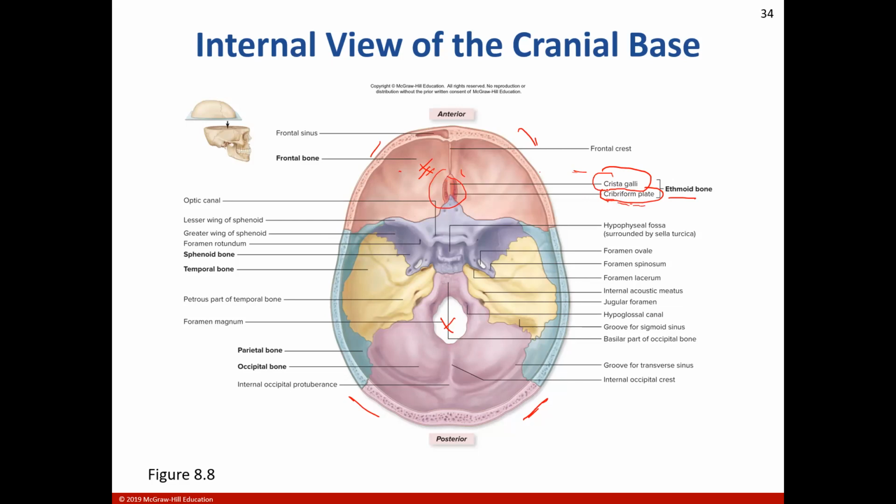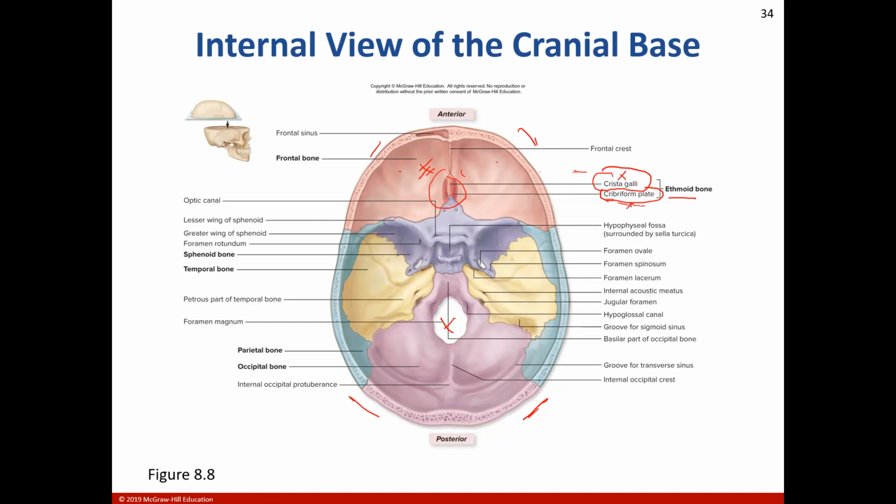So that's about smell. The olfactory bulbs basically sit in the cribriform plates separated by the crista galli. So there are two olfactory bulbs, which you'll see in the brain just below the frontal lobe. And this is where it sits, and that's for olfaction, the sense of smell. So these two parts of the ethmoid bone are important, the crista galli and the cribriform plate.